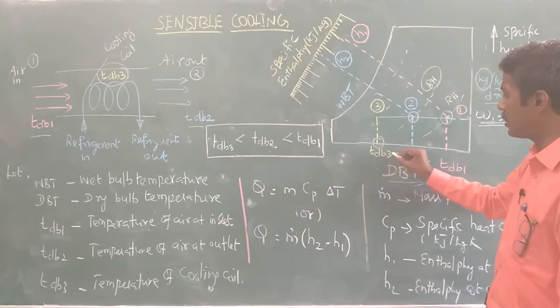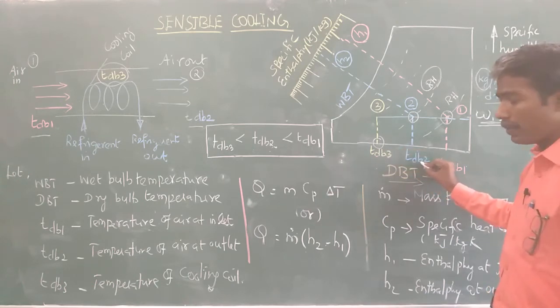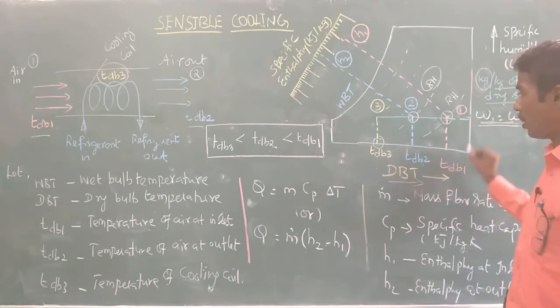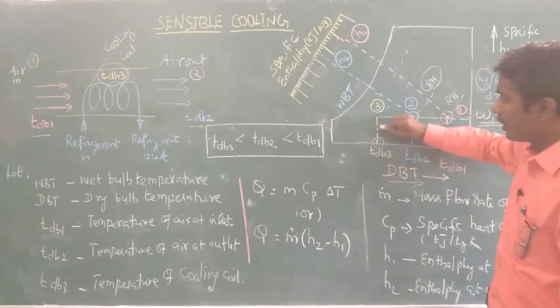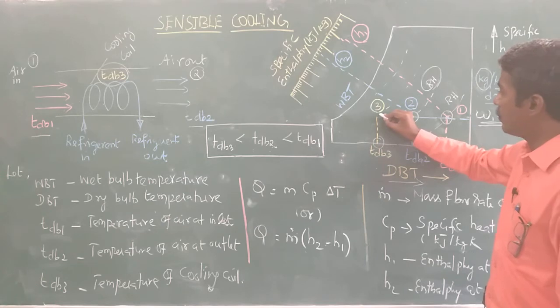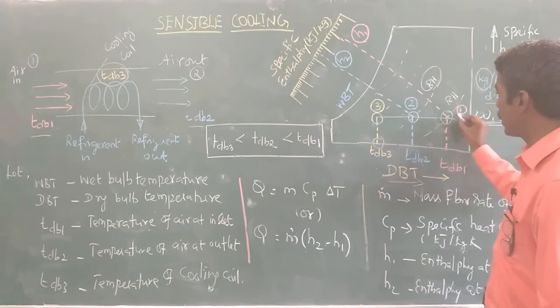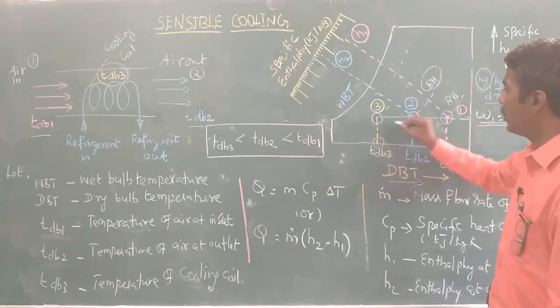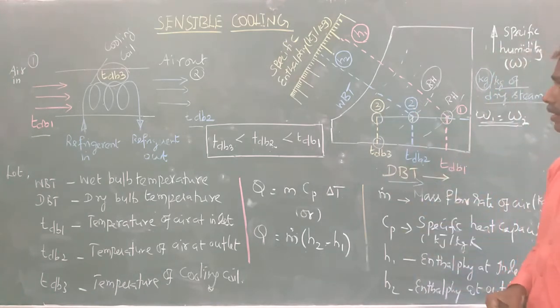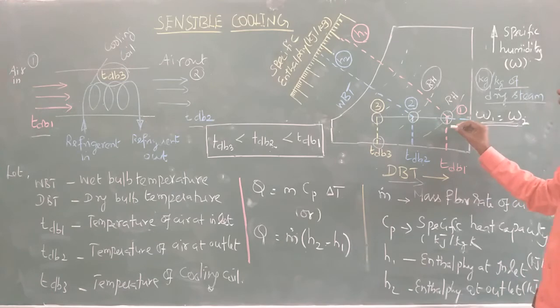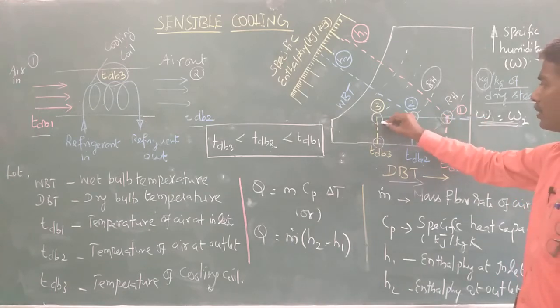This TDB3 is less than TDB2 and TDB1. So we mark TDB3 and extend a line vertically to intersect the horizontal line we already marked. There you can mark point 3. This is how we can mark point 1, point 2 and point 3.